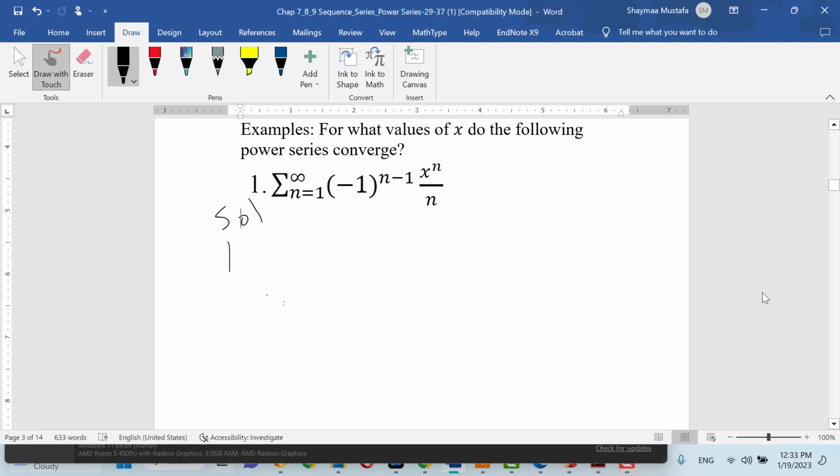Ratio test means the limit when n goes to infinity, where we replace each n by n plus 1.